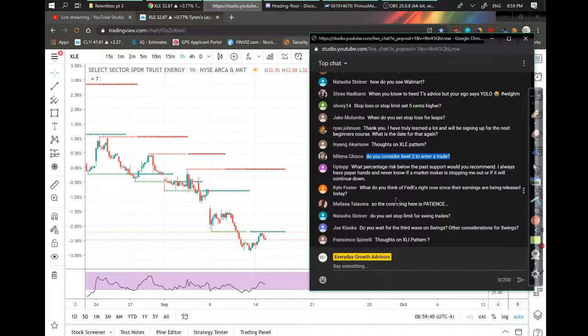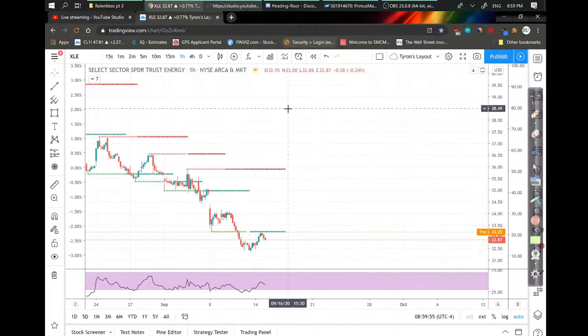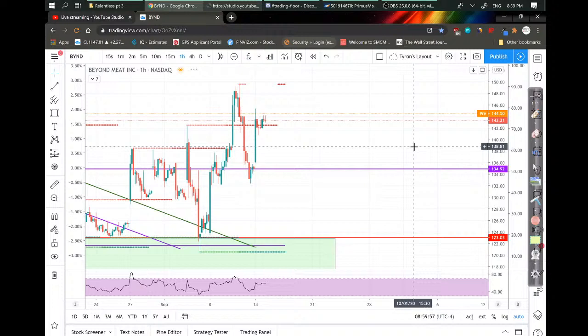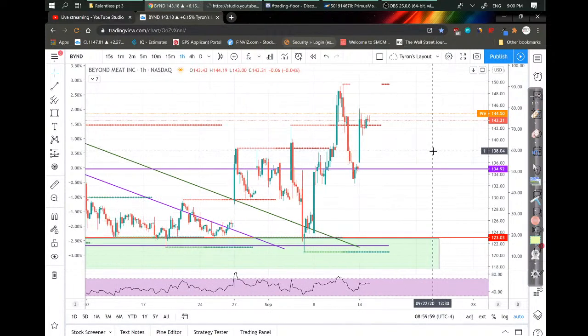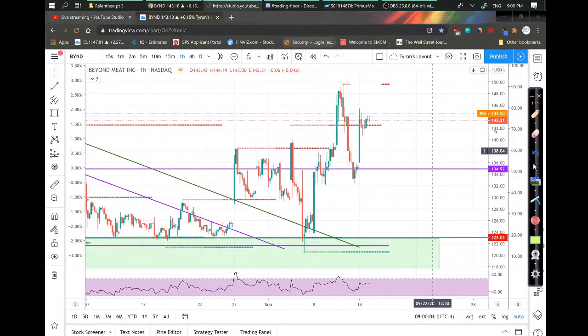What percentage risk below the past support would you recommend? I always use, I have paper hands, so I don't go by percentage risk. What I do is calculate the delta that I need for the contract. For example, let's say I have an entry at 143 and I want my stop loss to be at 133.